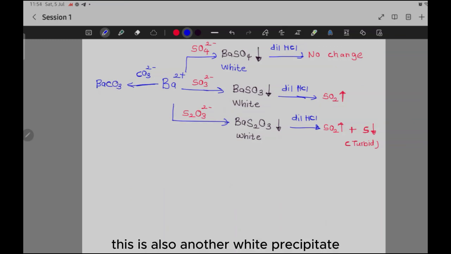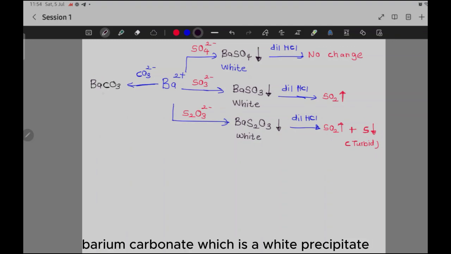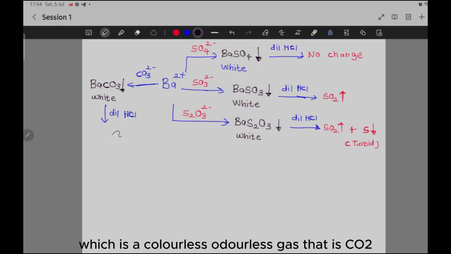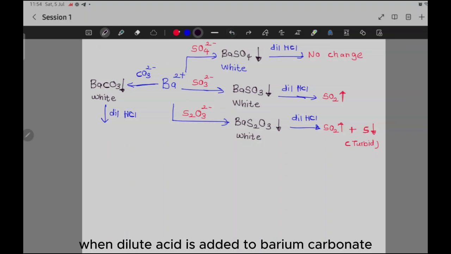And when you add dil HCl to barium carbonate, a gas evolves, which is a colorless, odorless gas, that is CO2.